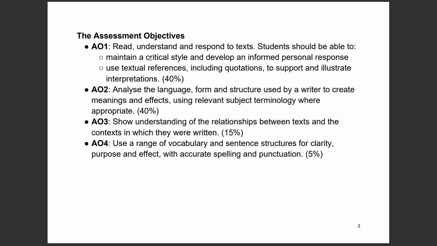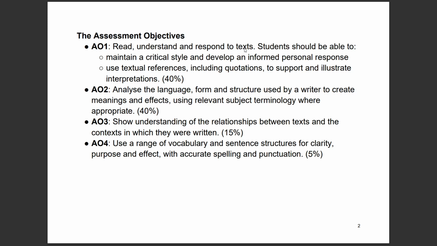Okay, so obviously you need to read something first, right? That's obvious. You need to understand it. But then, actually, in English, that's not enough. You need to respond to it. And in English, that normally means to write an essay. Okay? So that's what we're talking about when we talk about responding to text.